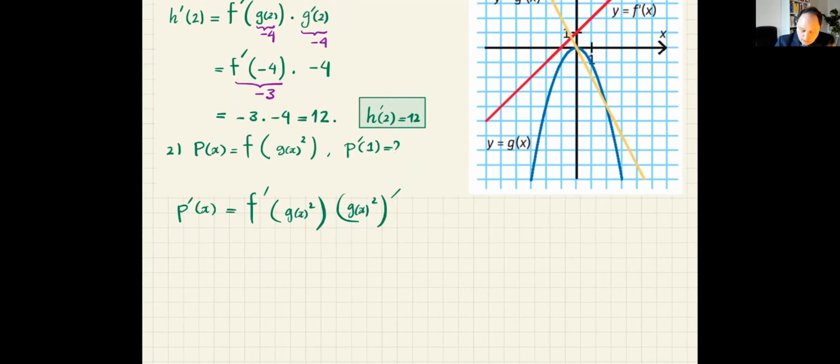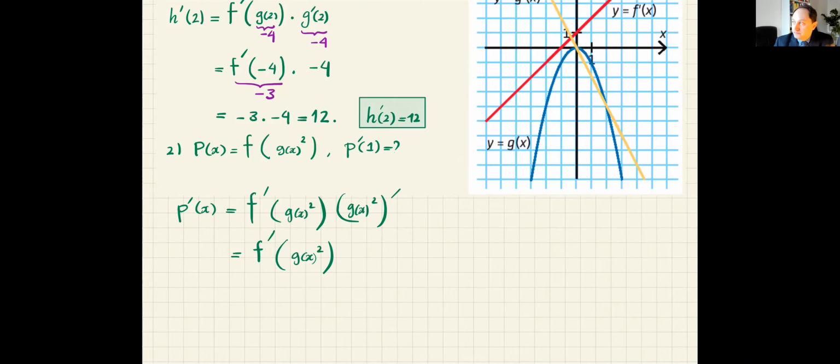Okay, but now what should I do? I need to write it in this form. F prime of g of x squared is just, I copy and paste. But can you tell me what I can write for this one? This is 2 times x, 2 times g of x.